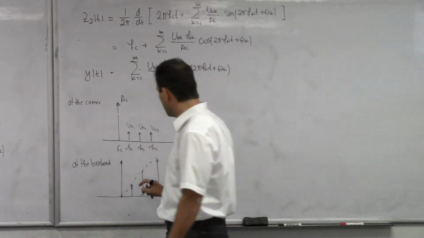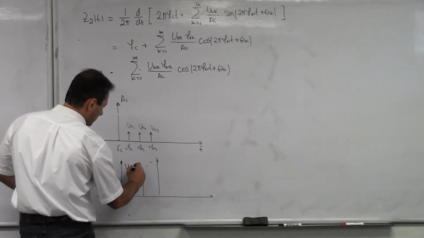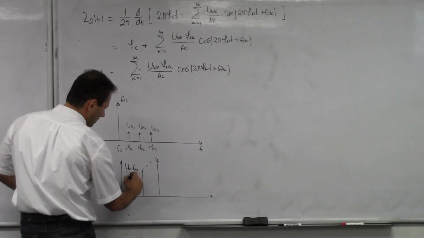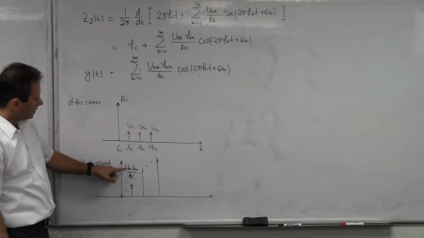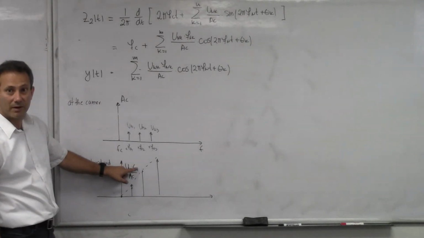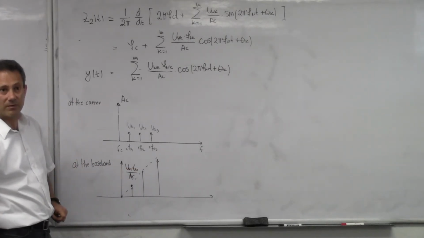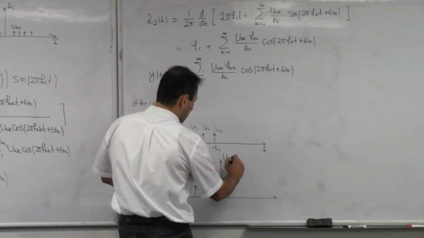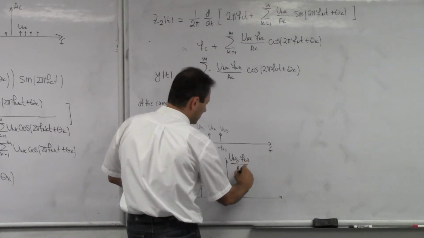See, the first one has a magnitude UN1 times Fn1 divided by AC. It started as UN1, now it's UN1 over AC times Fn1, where F is its offset from the frequency of the carrier. The last one has the magnitude UN3 times Fn3 divided by AC.